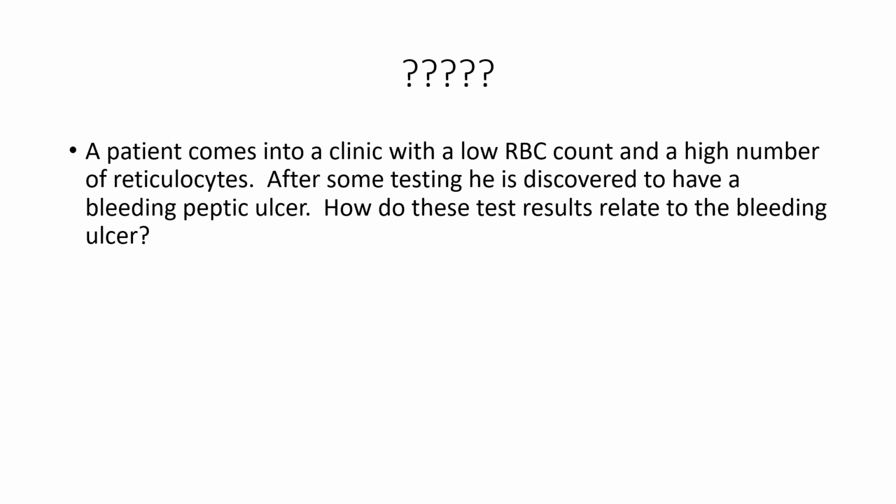A bleeding ulcer would result in hemorrhagic anemia, and then as the blood circulates throughout the body, because you are losing erythrocytes through that blood loss, your body is going to work to compensate and keep increasing erythrocyte production, erythropoiesis.